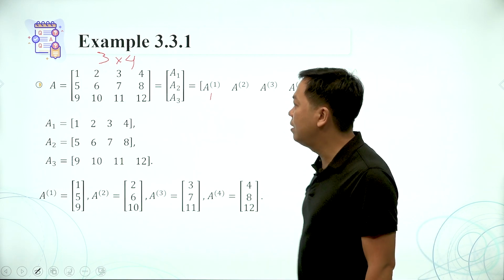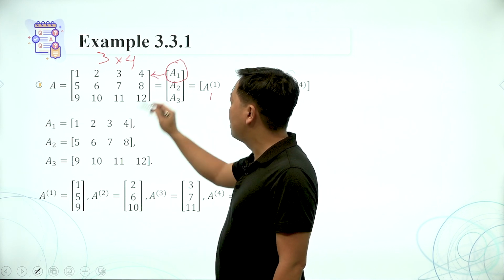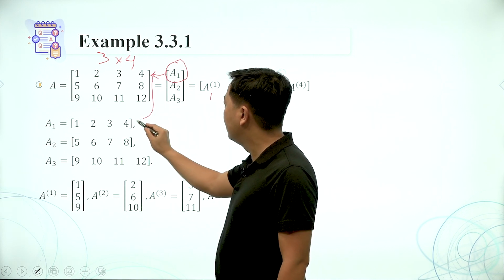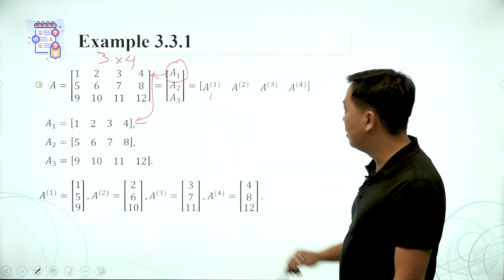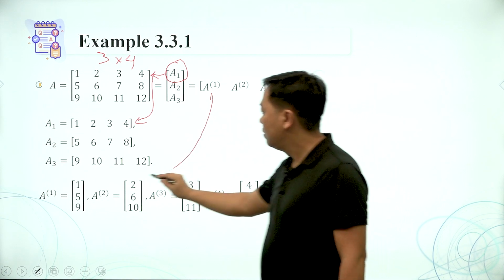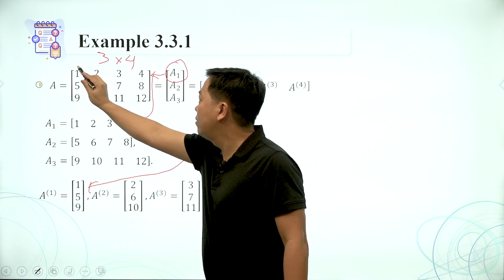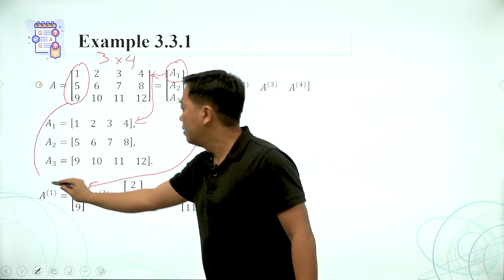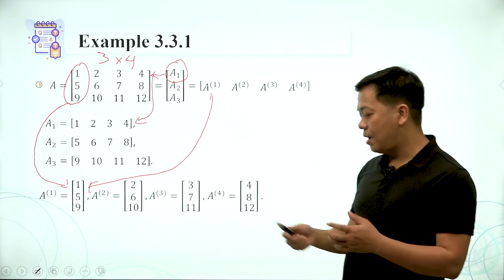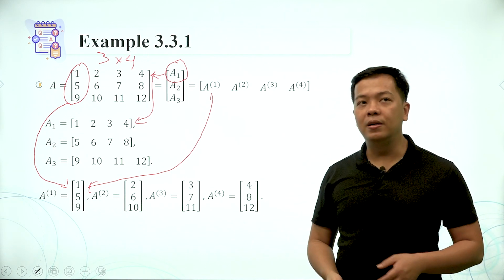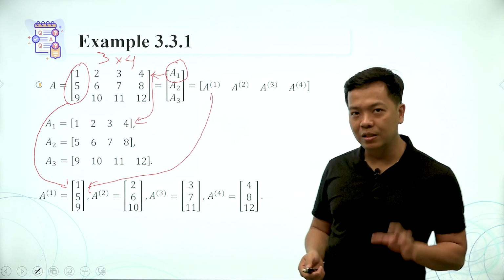If we select by rows, we see this A1 value. Similarly, if we select by column, you can select the first column. That is how we can represent our matrix in two ways, by columns or by rows.